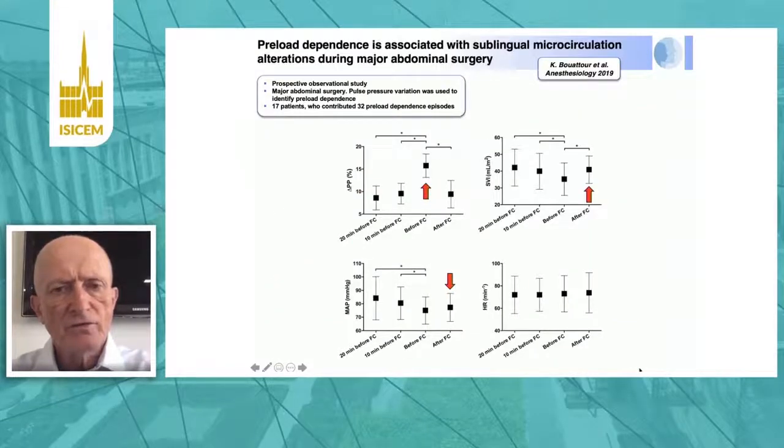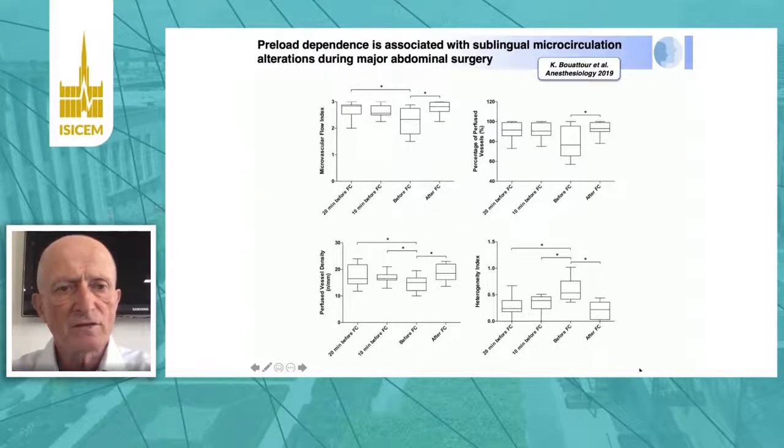Just to illustrate this, in this study we look at microcirculation during major abdominal surgery, during a preload dependency period. You can see that during this period we have a decrease in mean arterial pressure, a decrease in stroke volume index, and concerning microcirculation, a decrease in sublingual microcirculation.